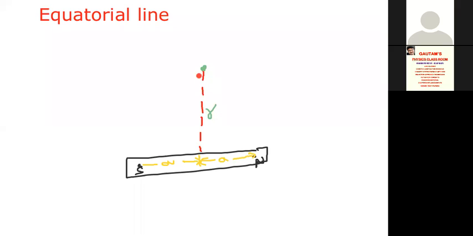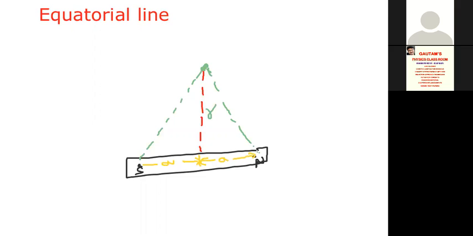Now observe carefully here. From the south pole I am joining a line towards the point, and again from the north pole also I am joining towards this point. Our target is at that particular point, I want to find the magnetic field.